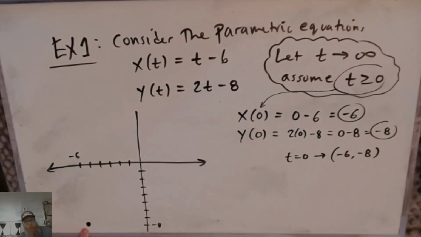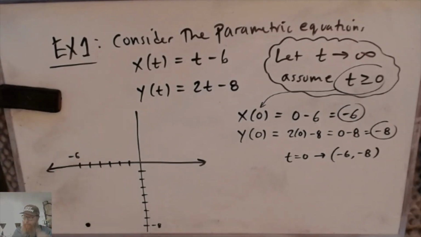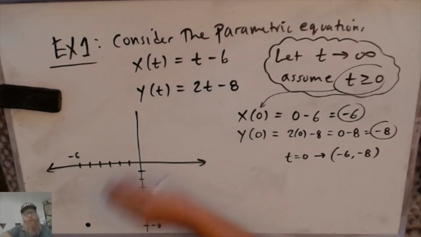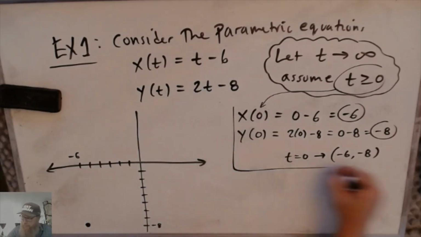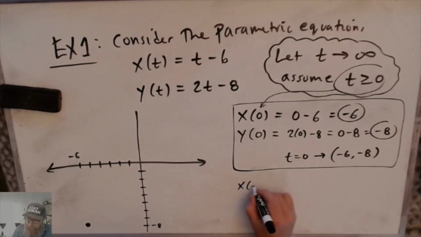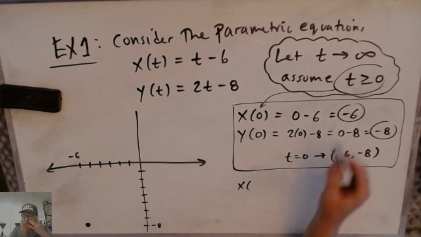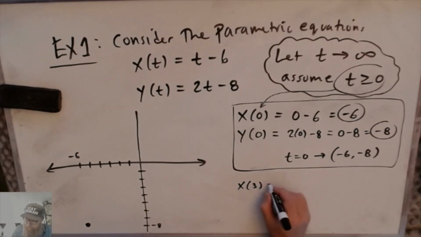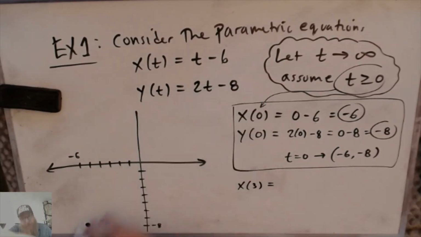This is your initial point. You need to plot at least 2 points to get the line, but I'll show you several points. In your homework, I'll make some modifications so that you can do it a little easier. Let's plug in t equals anything greater than 0. Let's skip to 3, just to get the movie started.